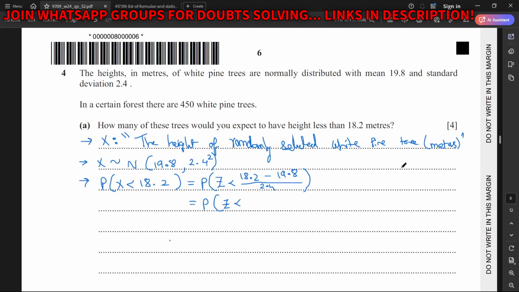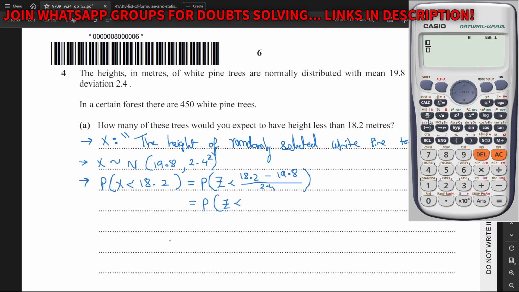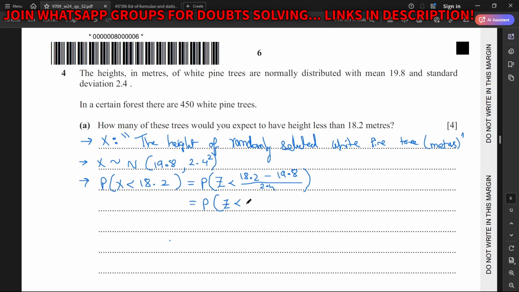So I'll just open my CAIE and write 18.2 minus 19.8 divided by 2.4. It comes out to be negative 0.667. So that's the value of z-score that we have got if the probability of x less than 18.2 is what we are going to find.